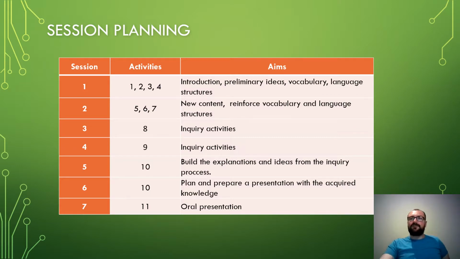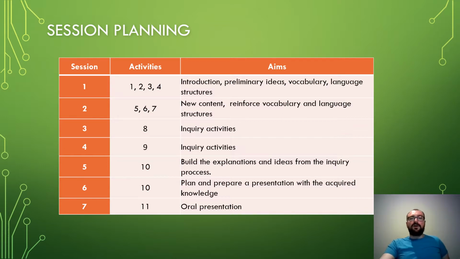This session will be a first approach to the specific vocabulary, keywords, and structures that the students will need through the unit. In session 2, the students will review and go into more detail about electrical circuits contents, and they will reinforce the useful language for this topic.